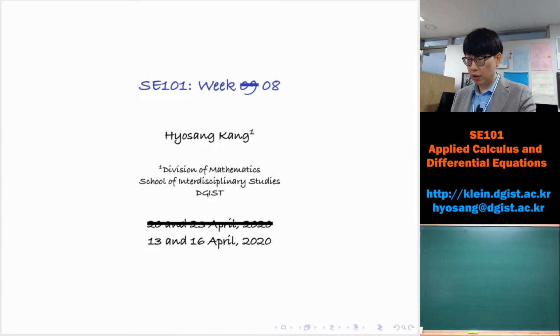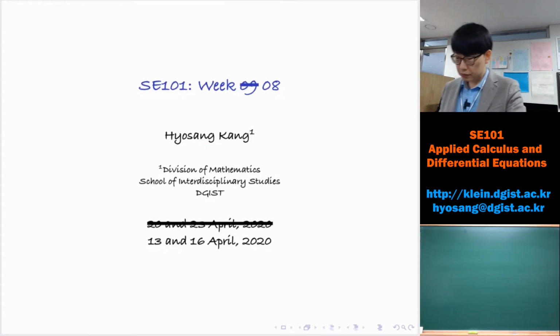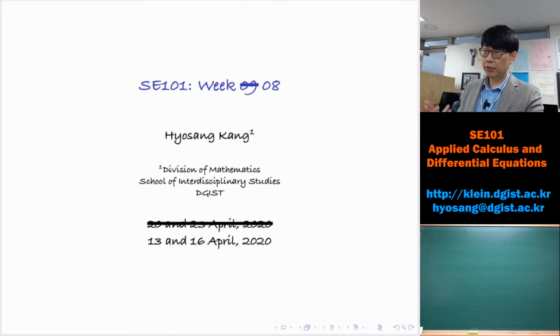For example, in week 1, we talked about the epidemic model, the SIR model, which consists of 3 differential equations and 3 functions, S, I, and R. That's one example of the systems of differential equations that we are going to talk about from now on.